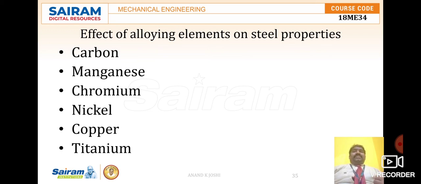And titanium. Titanium is a strong carbide former, and it inhibits grain coarsening and acts as a grain refiner.